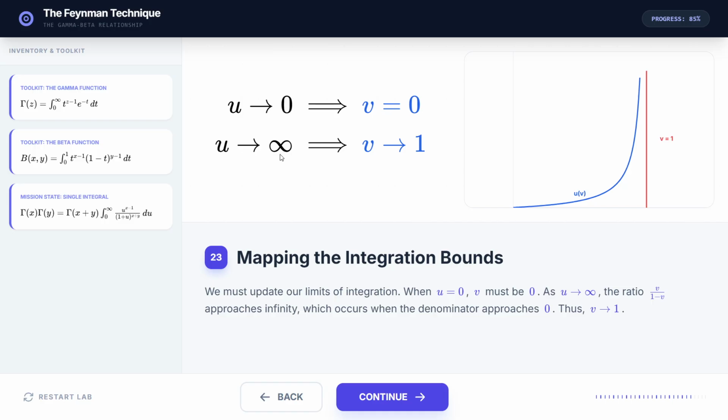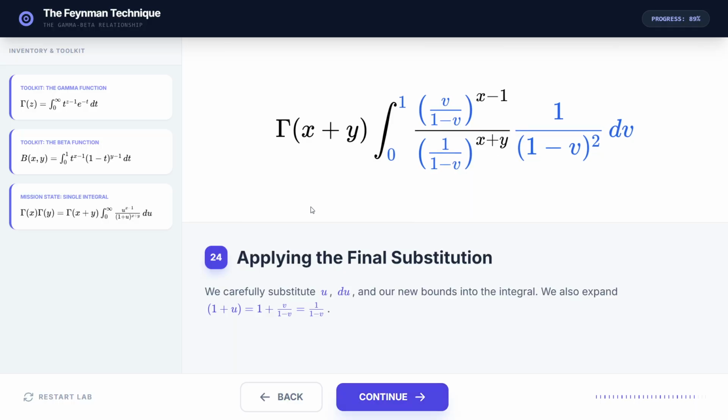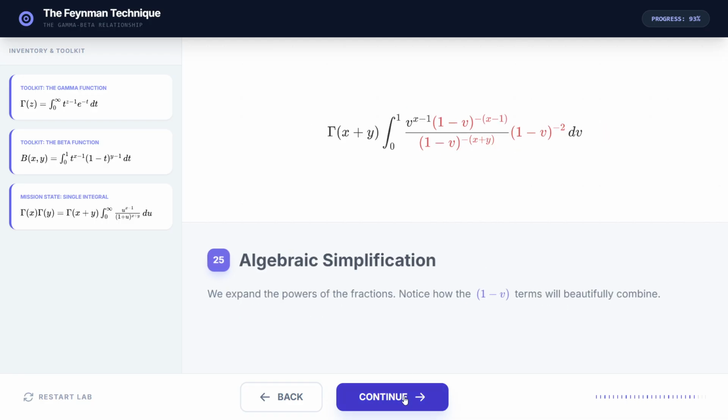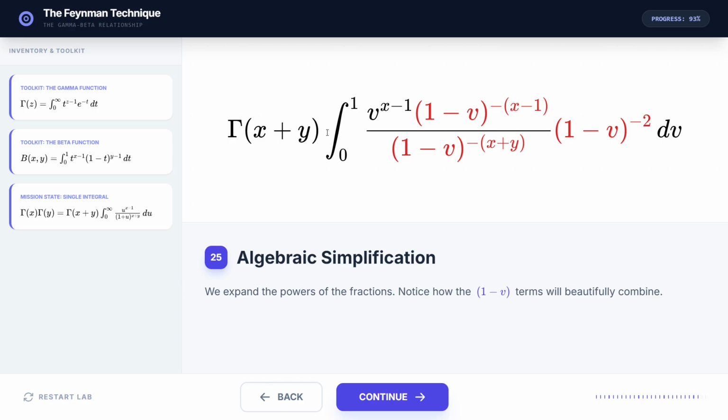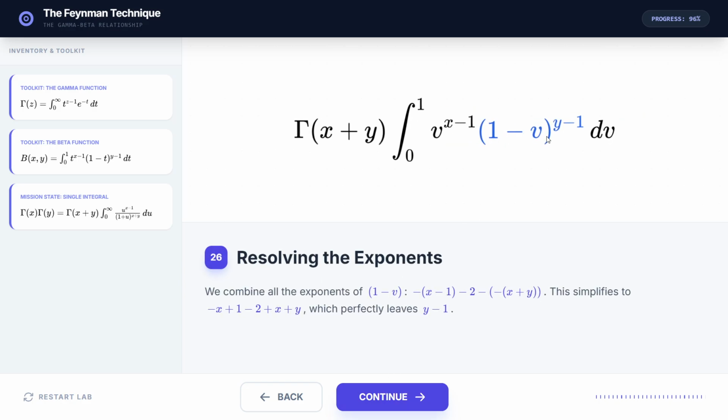If we let u equal infinity, then we get v is equal to 1. All right. So now that side just becomes gamma x plus y times this integral, and there's a lot of simplification that happens here. We get this. And then finally, we get this.